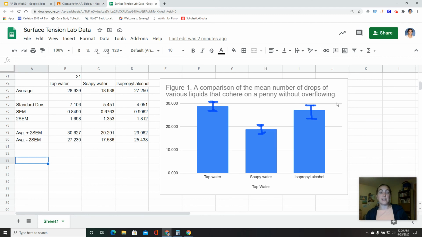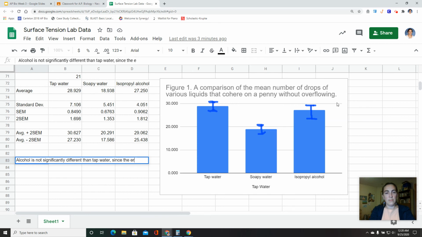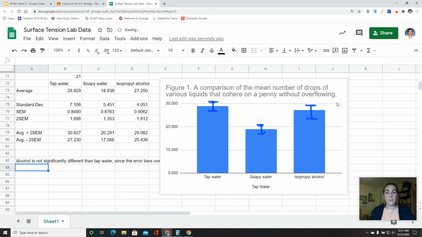So your conclusion would say something like this. Alcohol is not significantly different than tap water since the error bars overlap. Hang on, I'm going to reword that.